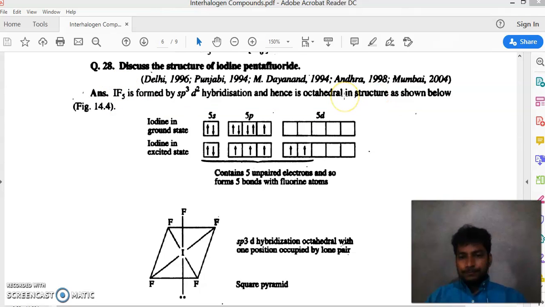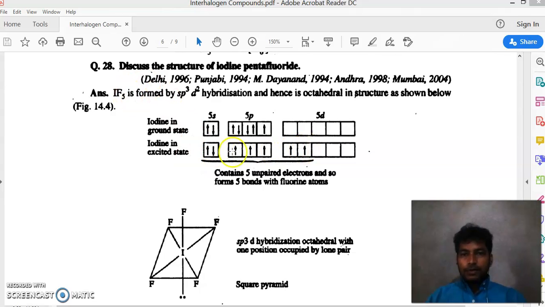Now if you look at the ground state electronic configuration of iodine, it is 5s2 5p5, and this is the excited state electronic configuration of iodine. Here you can see that in the excited state iodine generates 5 unpaired electrons.